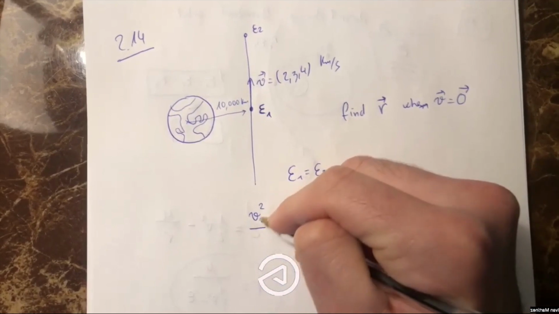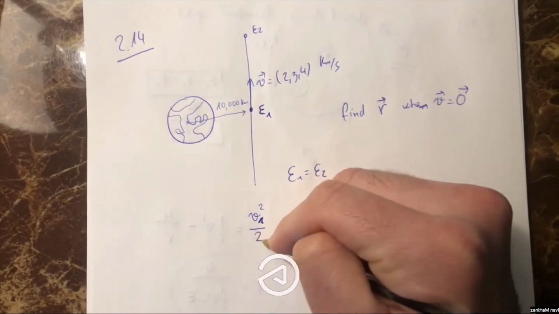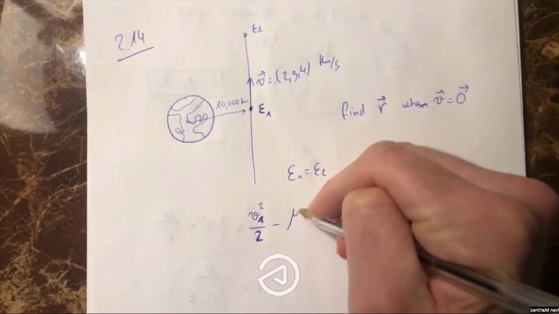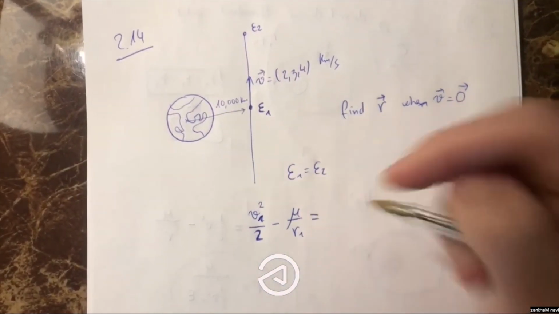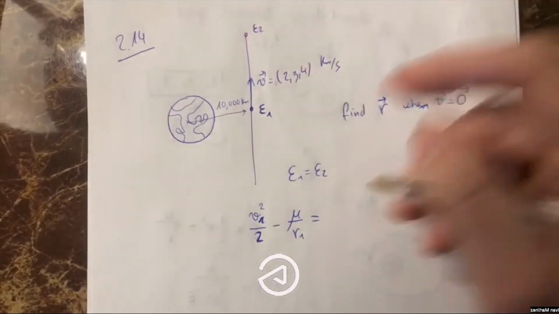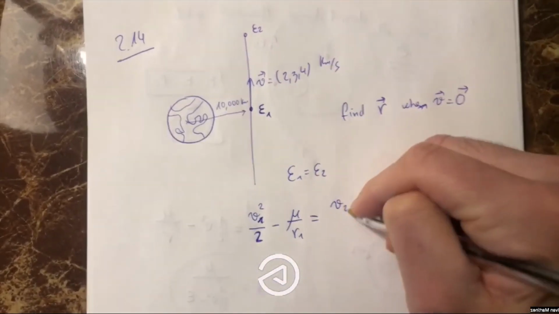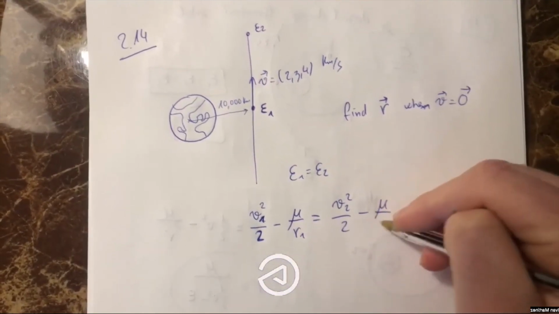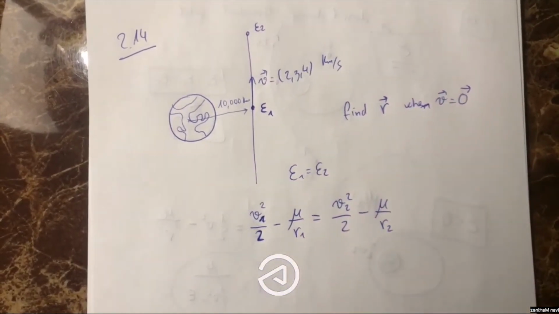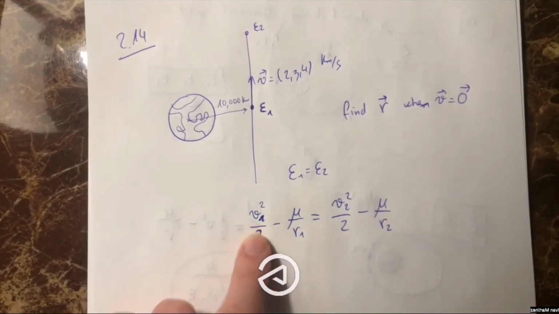It's kinetic energy plus potential energy. And then it's equal to a second point where the velocity will be 0.